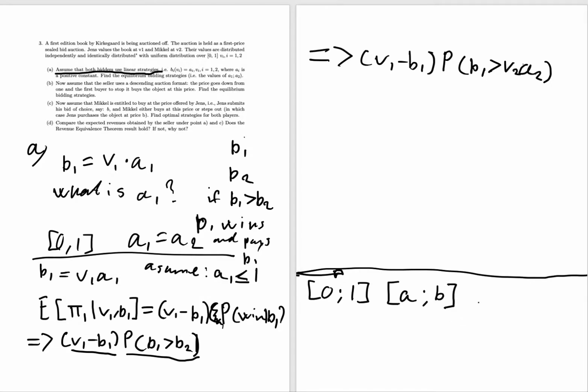And now that we've done this, we're going to try and find out how you calculate the probabilities. So now we're just going to take a probability of some value x being larger than a draw from this one right here.